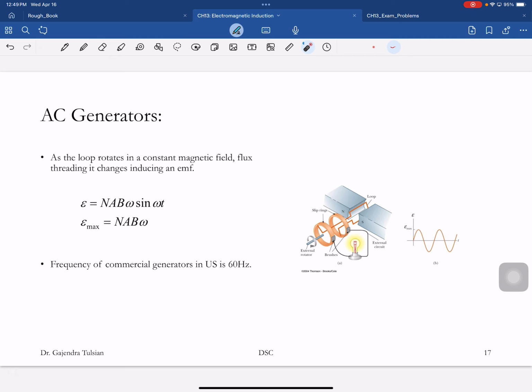This is the AC voltage you have. In this expression, N is the number of turns of the coil, A is the area of the coil, B is the magnetic field strength, and omega is the angular velocity at which it's rotating. And so the rotational angular velocity is related to the angular frequency of the AC voltage produced.